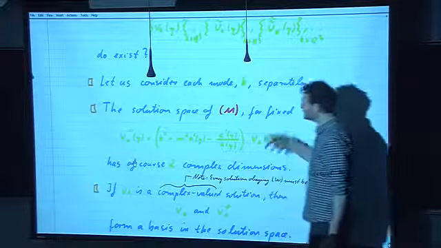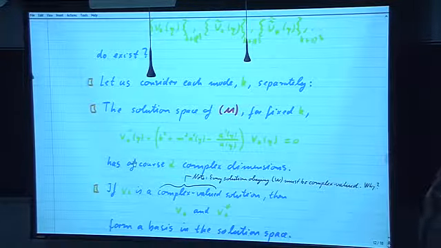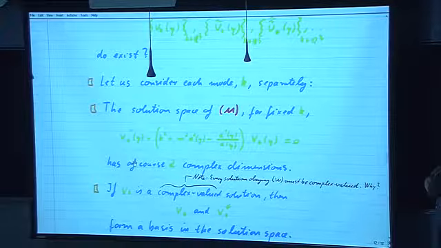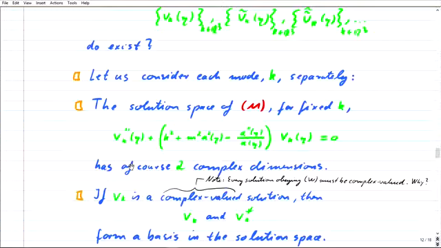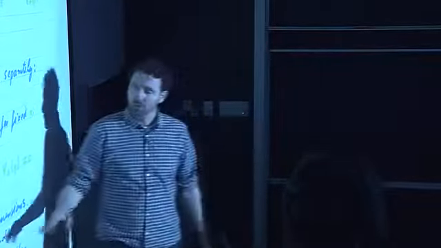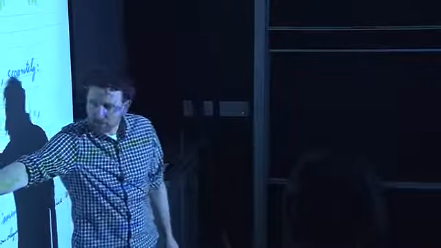Therefore, by the general theory of differential equations, we expect that the solution space of this linear differential equation is two-dimensional, in fact, two complex dimensions. Because our mode functions are allowed to be complex valued, two complex dimensions, that is 4 real dimensions. So we can pick any mode function here out of a 4 real dimensional space, two complex dimensions.